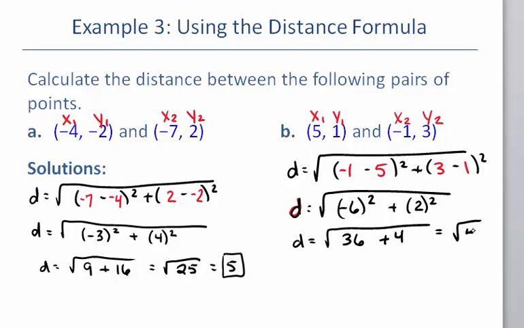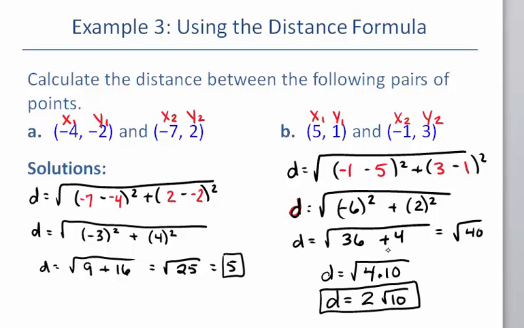So we end up with the square root of 40. Now we can simplify that just a little bit by saying that the square root of 40 would be 4 times 10. We can take the square root of 4, that will be 2. We cannot take the square root of 10. And so our distance will be 2 on the square root of 10.